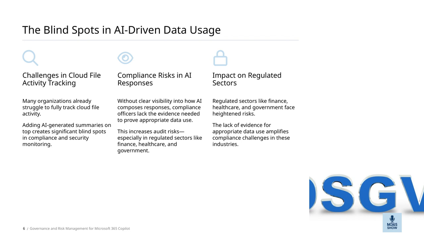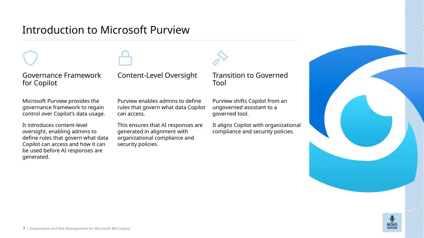Now, let's talk about how Purview transforms Copilot from an ungoverned assistant into a fully governed tool. Essentially, it helps us ensure that Copilot's actions are aligned with our organization's compliance and security policies. This transition is crucial because it means we're moving from a free-for-all to a controlled environment.